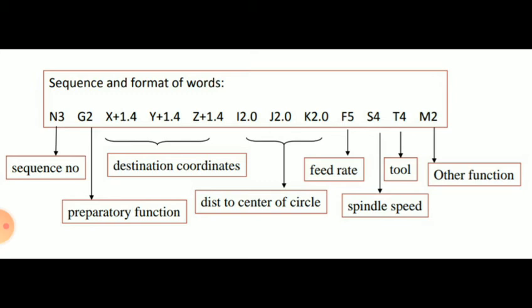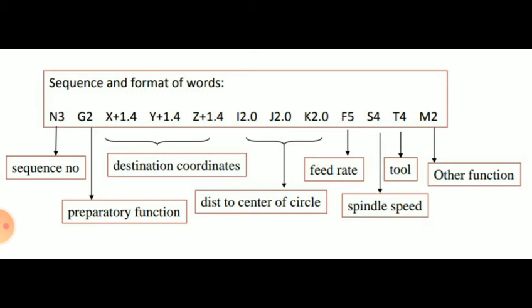Then X1.4, Y1.4, Z1.4 are the destination coordinates where you have to reach, denoted by the X, Y and Z coordinates. Then I 2.0, J 2.0 and K 2.0.